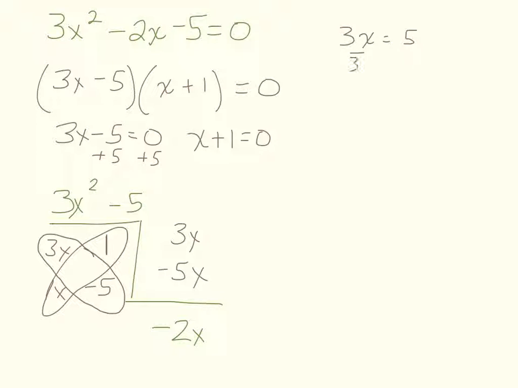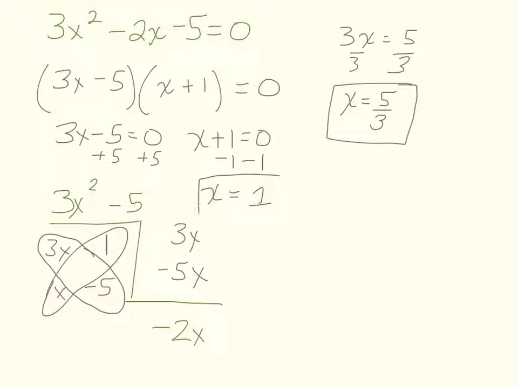And if I divide by 3, I have x equals 5/3. It's one of my answers. In this case, if I subtract 1, then I'm just going to have x equals negative 1. That's my second answer. So the answer is 5/3 or negative 1.